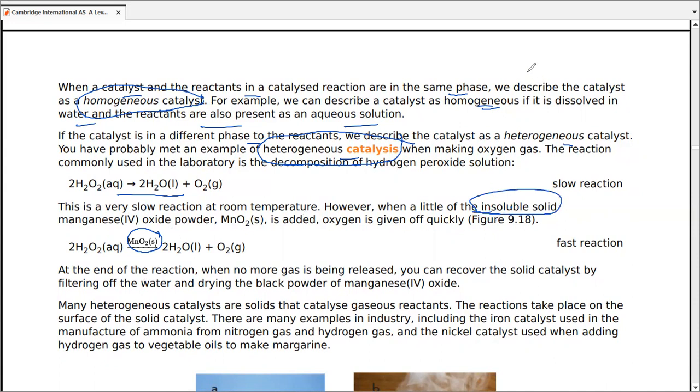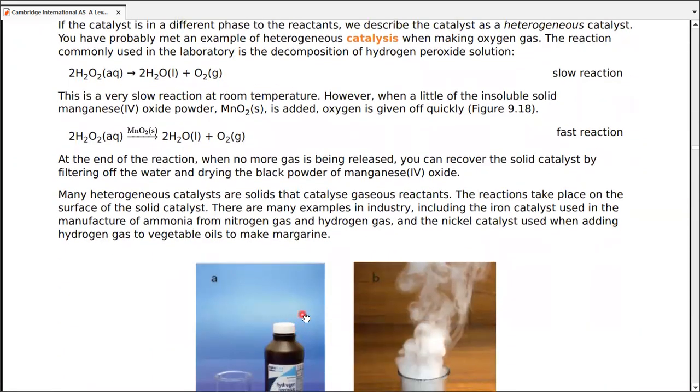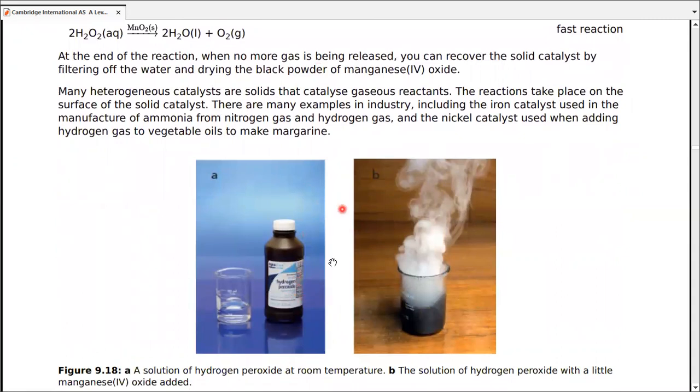There are many examples of heterogeneous and homogeneous catalysis. You won't have a problem. This book is filled with examples, even if the examples are not on these pages. Now, many heterogeneous catalysts are solids and can catalyze gaseous reactants. These reactions take place at the surface of a solid catalyst. Let me clarify.